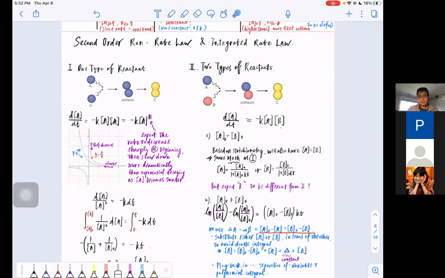So we have A and B, two molecules. The rate law is easy to write, right? So just here you can see.